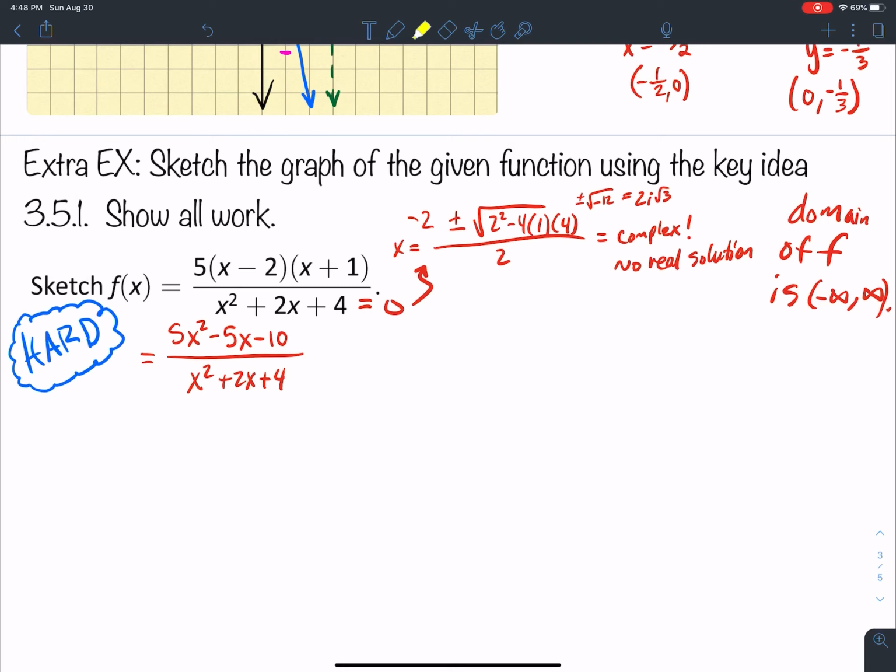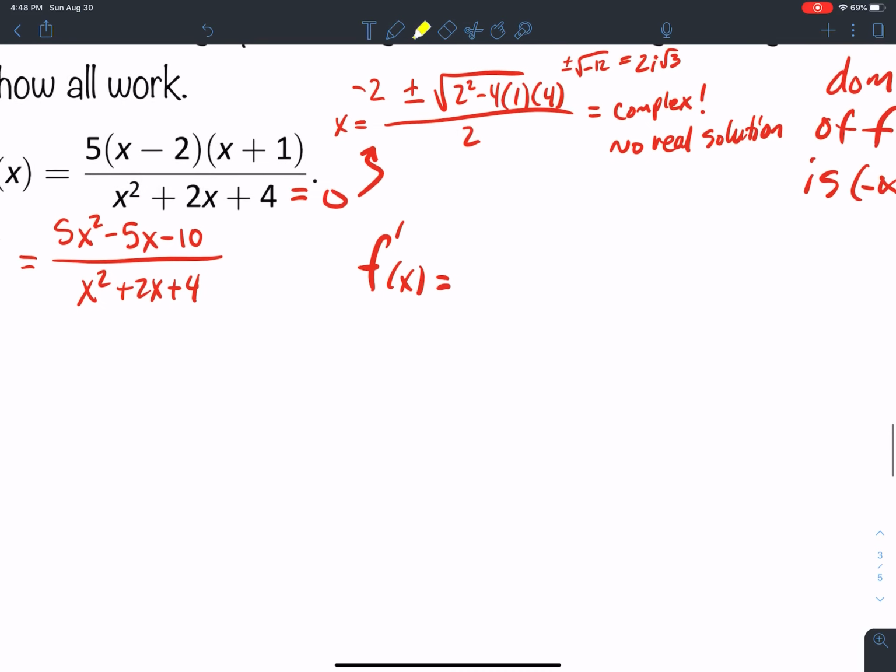Now, to limit the product rules and the quotient rules and all that jazz, I'm going to multiply out the top, and I get 5x squared minus 5x minus 10, if you distribute all that out. And so I'm just going to apply the quotient rule here.